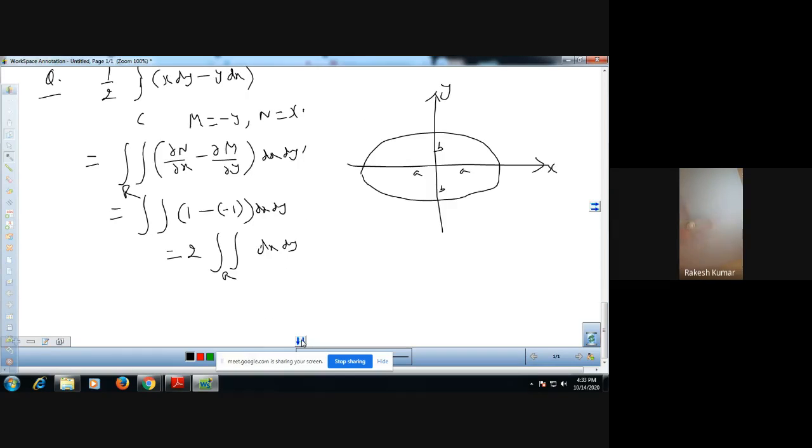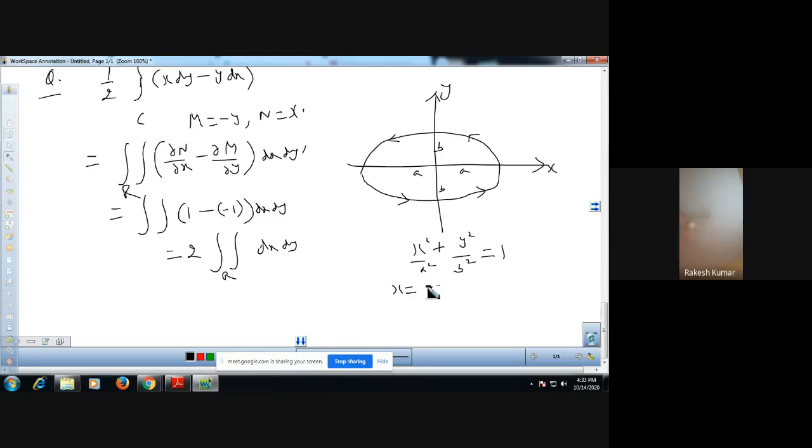What is the region R? R is enclosed by the curve C. The curve C is the ellipse. So this is the region enclosed by the curve C. And we know that this is the equation of the ellipse, x²/a² + y²/b² = 1.